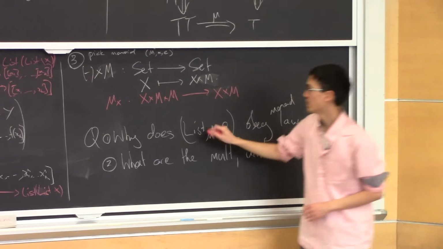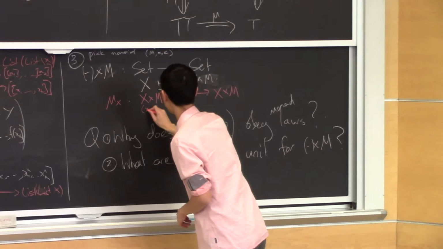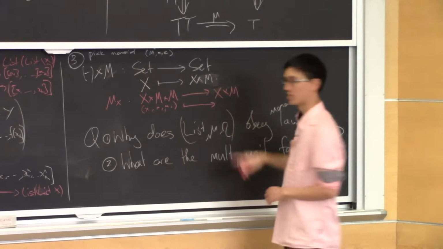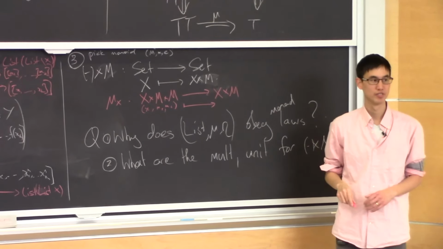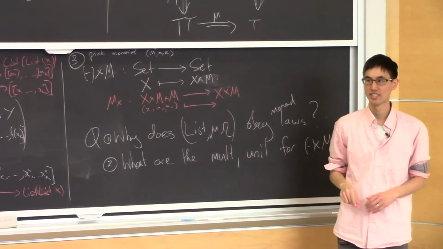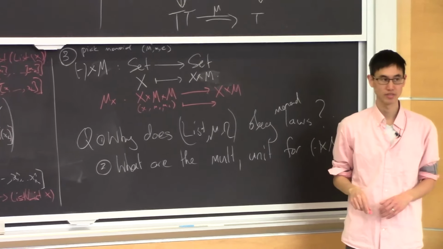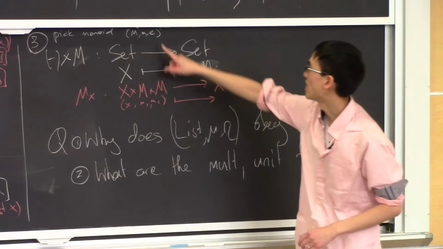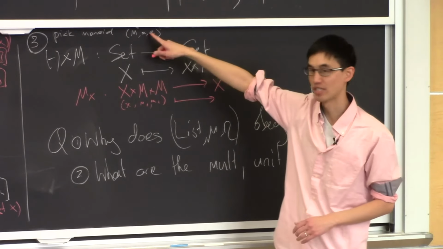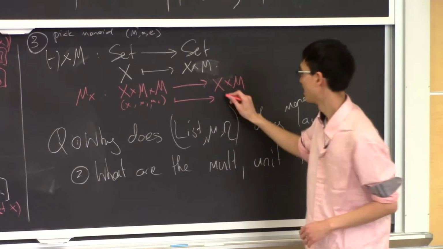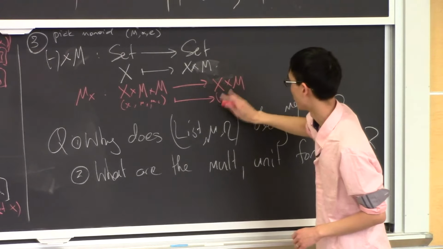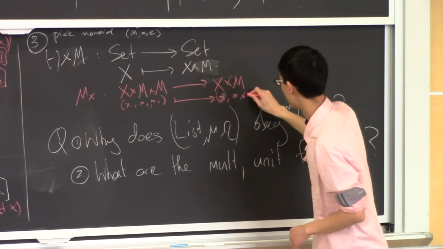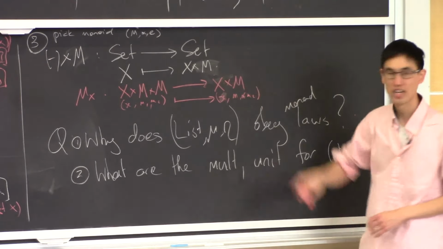So if I have an element of x, and then m1, m2, and I need an element of x times m, what do we do? Right. Well, we apply the monoid multiplication. So we started with a monoid, and we can't do anything with x. We don't know anything about that. But we do know that monoid elements multiply. So we can multiply m1 and m2, and now we have an element there.